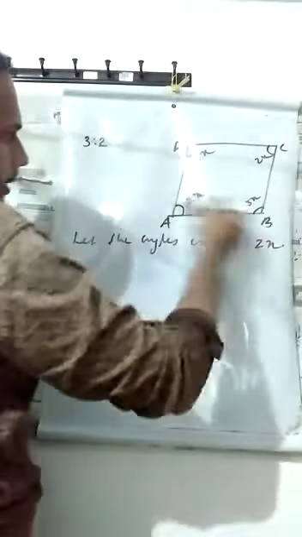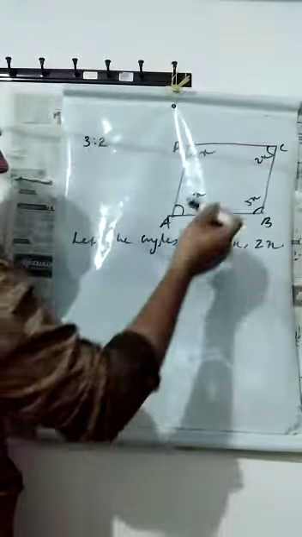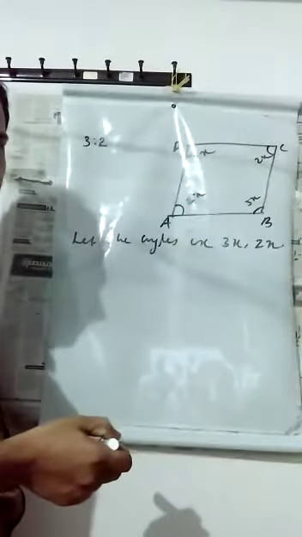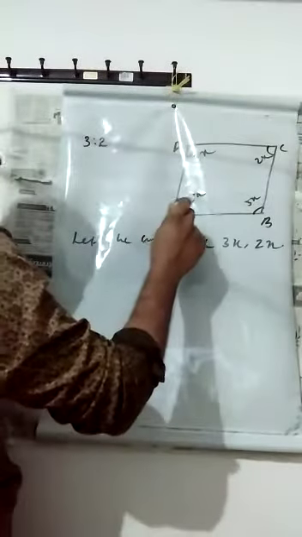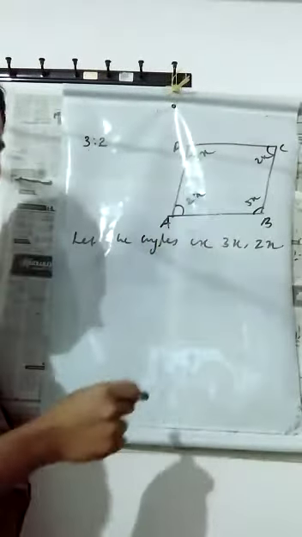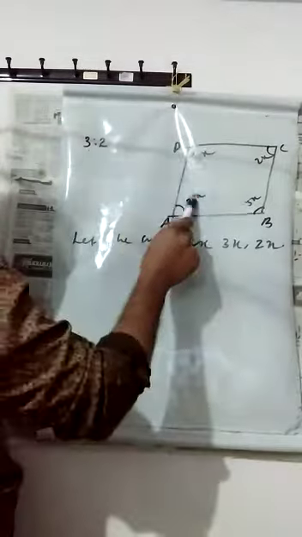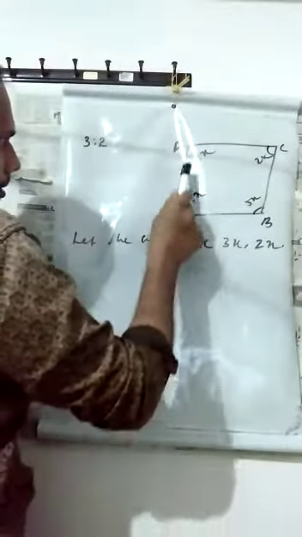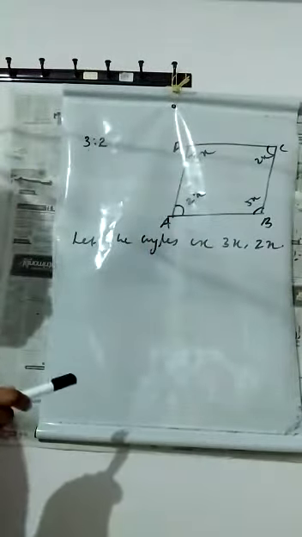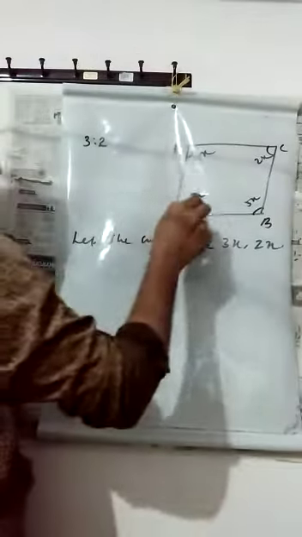These are two parallel lines cut by a transversal. These are the interior angles on the same side of the transversal, 3x and 2x.